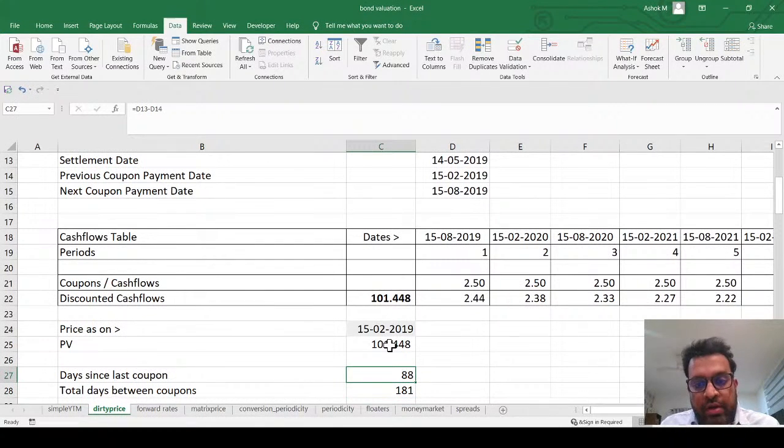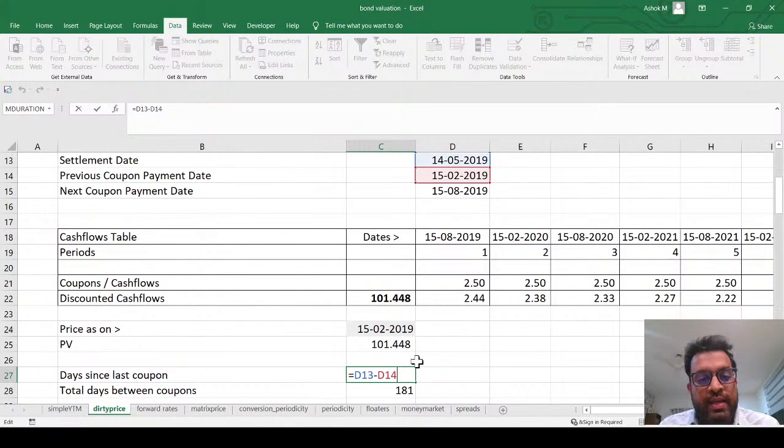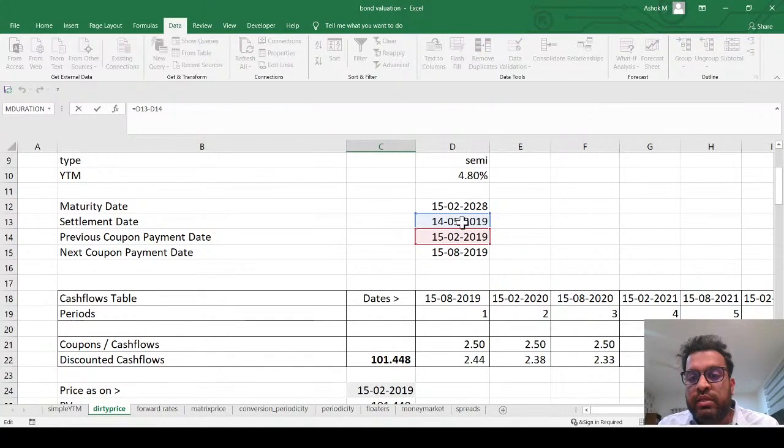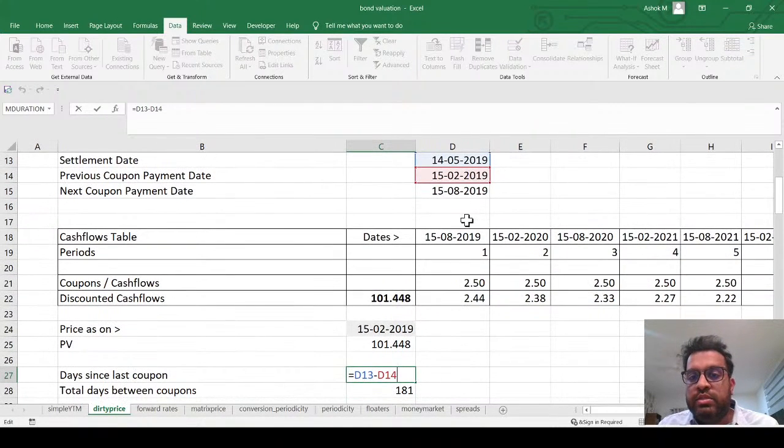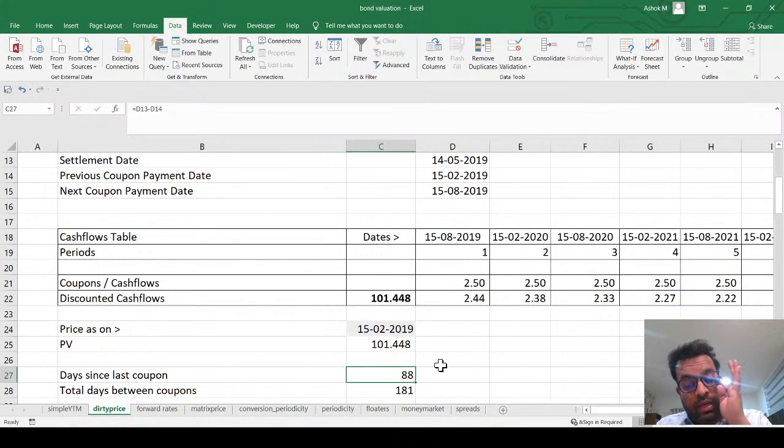Now what you have to do is find out the days since last coupon. The trade day is 14th May 2019. The last coupon date is 15th February 2019. So how many days are there? You can just do this cell minus this cell, 88 days. But here I want you to be a little cautious.